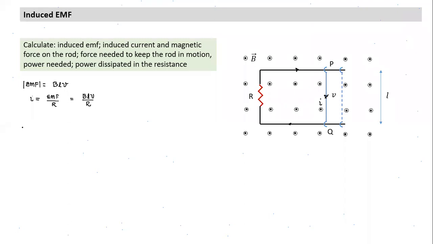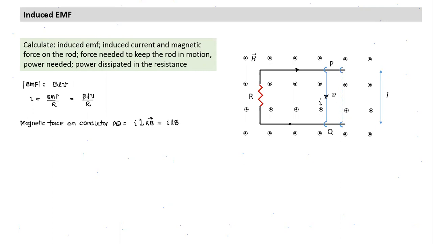Can we calculate the magnetic force on the conductor PQ? How do you calculate force on the conductor? I L cross B. In this case, both are mutually perpendicular, so it will be equal to ILB only.